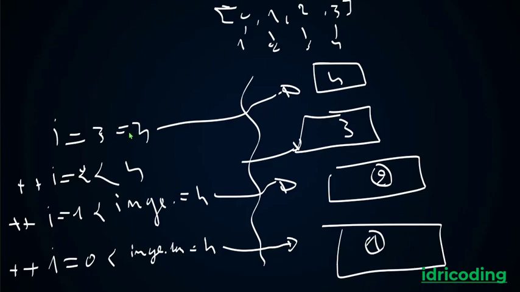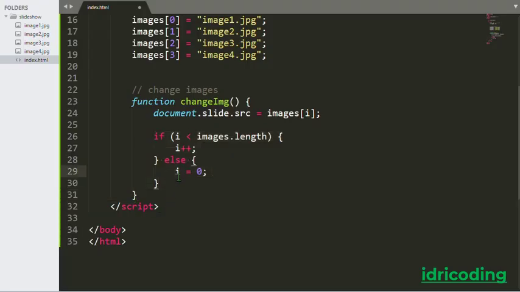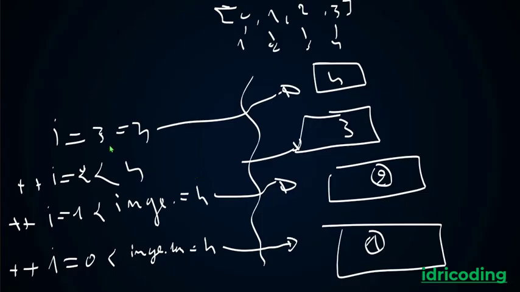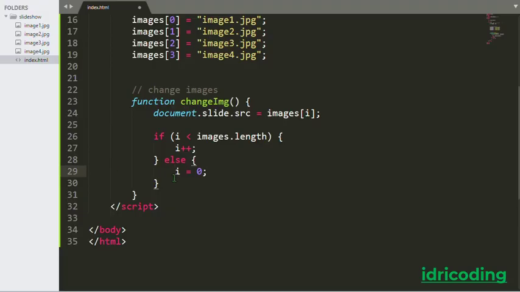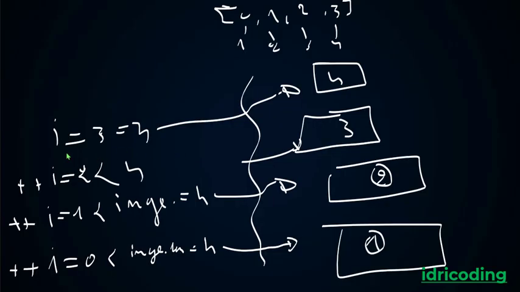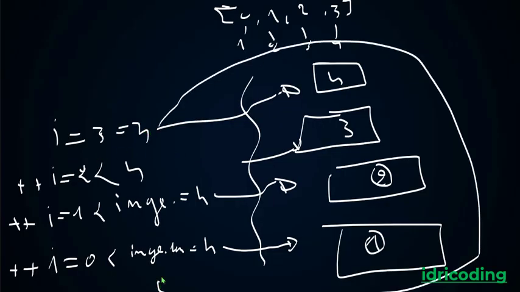So after displaying it, it's going to do a process here and find that 3 is equal to 4, and it's going to return i to its first value.